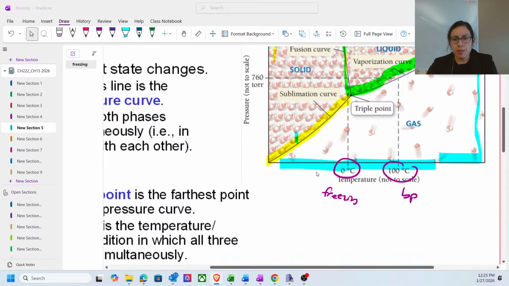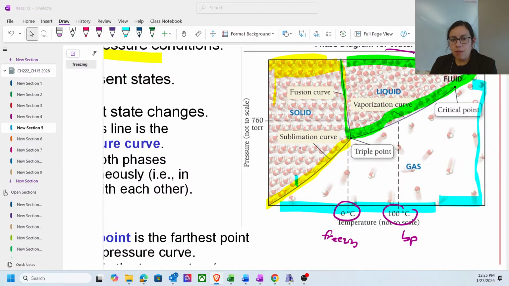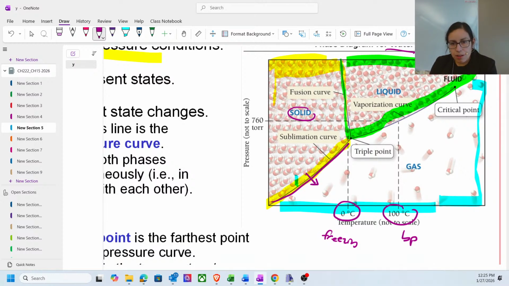So other points that we want to look at. Notice we have our sublimation curve. Sublimation, we said, was solid to gas, so that's why that's on this line, the sublimation curve.